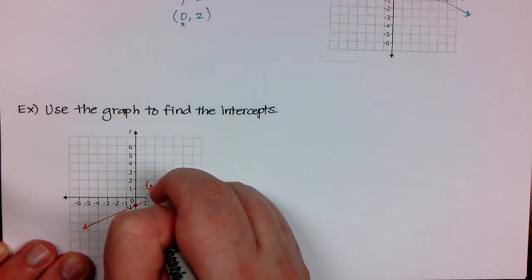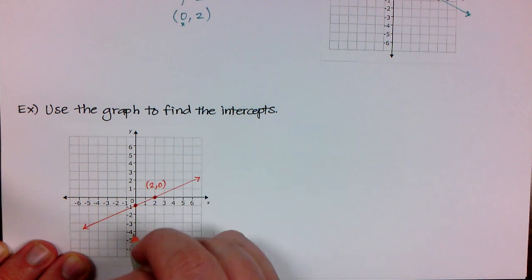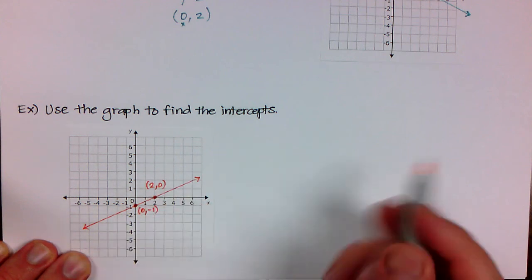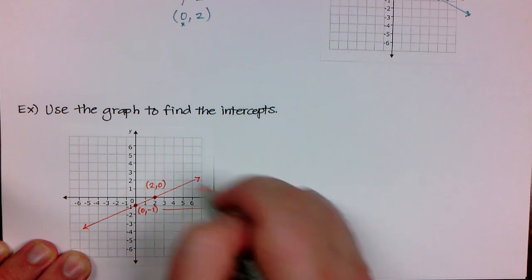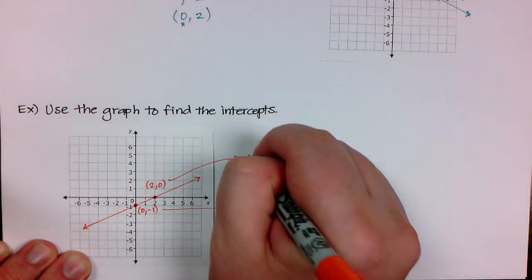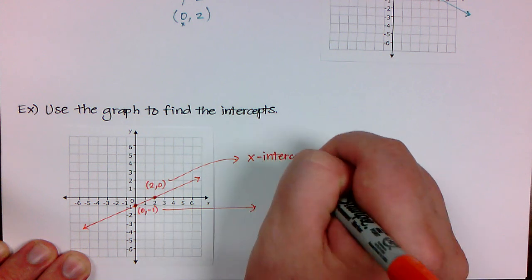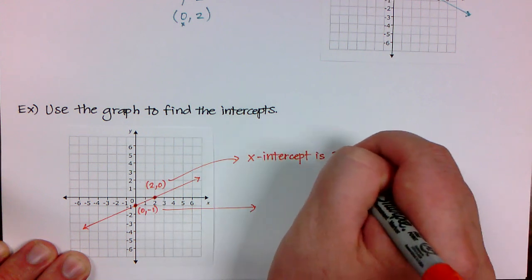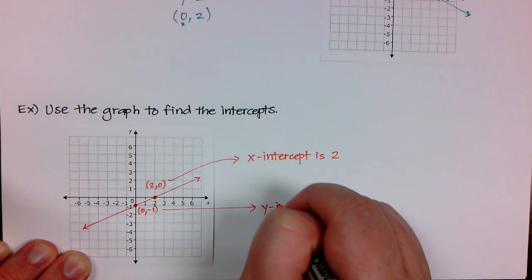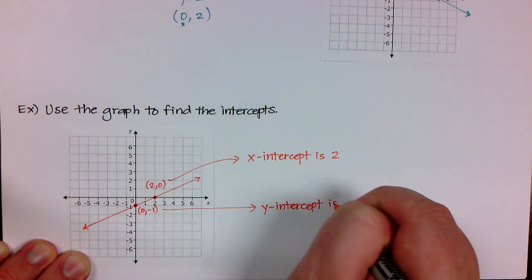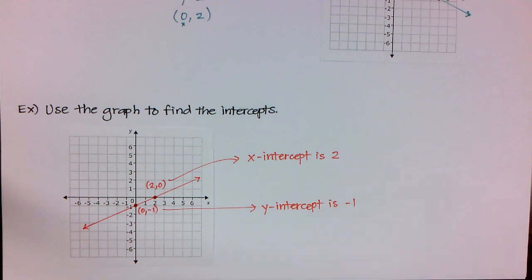So this point right here is (2, 0), and this point down below is (0, -1). So this is telling me that the x-intercept is 2 and the y-intercept is -1. And this is it for today's lesson.